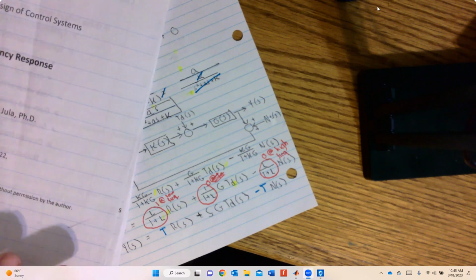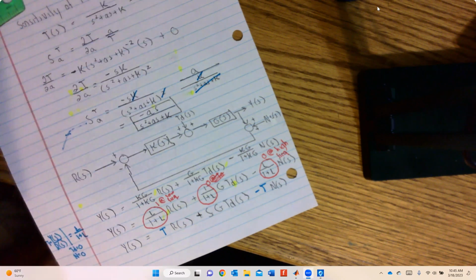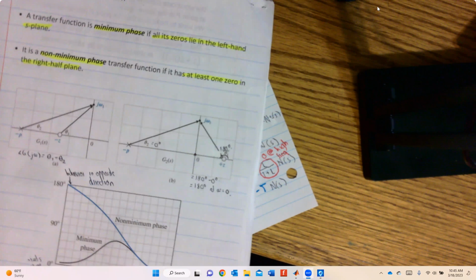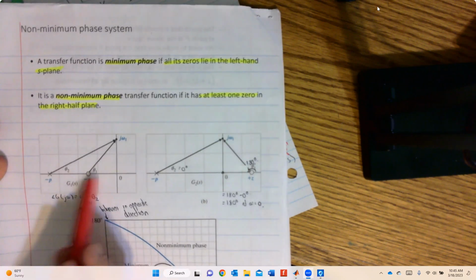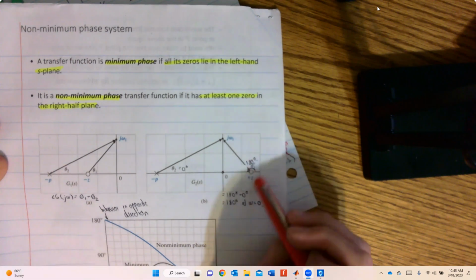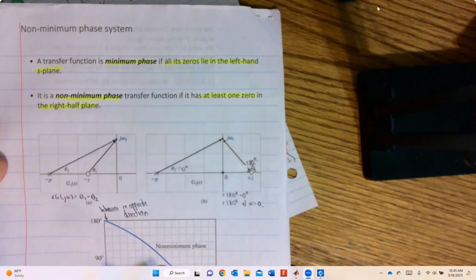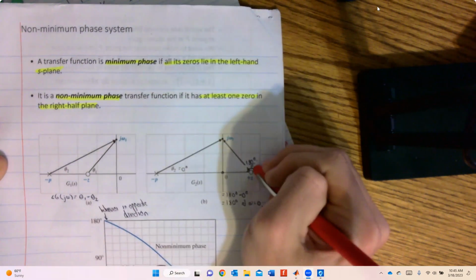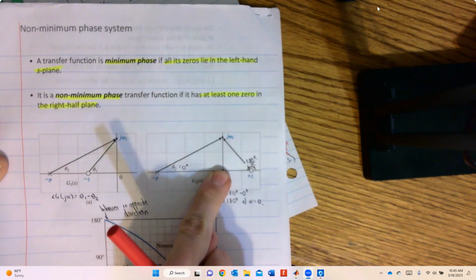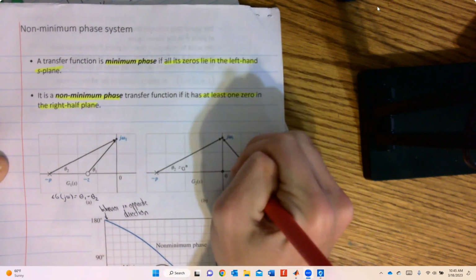we're going to look specifically at minimum phase versus non-minimum phase. Minimum phase is when all the zeros are in the left-hand plane. Non-minimum is if we have a zero in the right-hand plane. What we're going to notice is non-minimum phase starts at 180 degrees, because if we're at 0 frequency, the angle of the zero is going to be 180, and the angle of the pole is going to be 0.